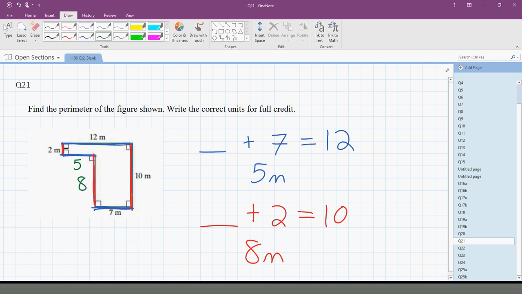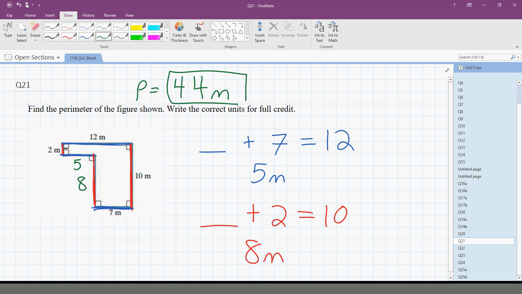Take 2 plus 12 plus 10 plus 7 plus 8 plus 5. What is the perimeter? 44 meters. Good.